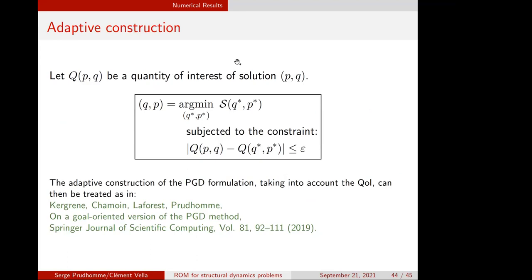If we have a quantity of interest, the idea would be to now pose the problem as looking for Q and P, which minimize essentially our action, but now subjected to some constraint on the quantity of interest in order to satisfy some accuracy.